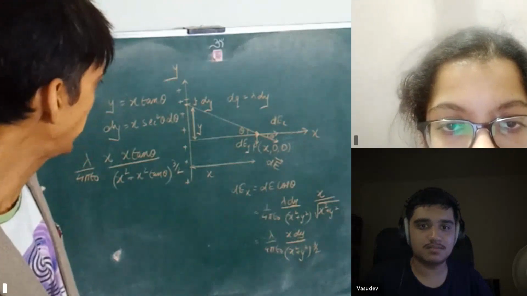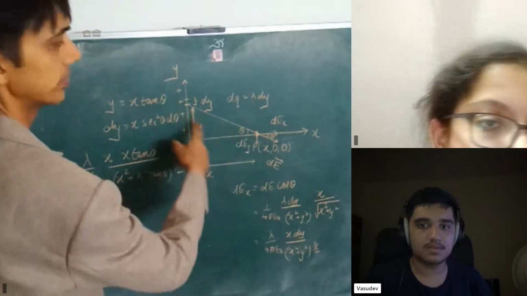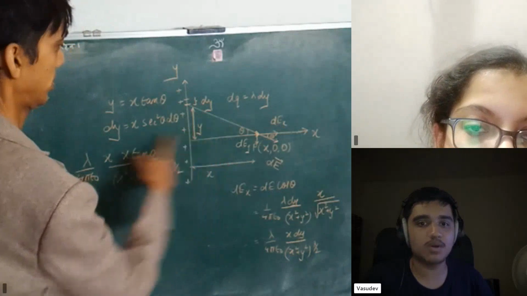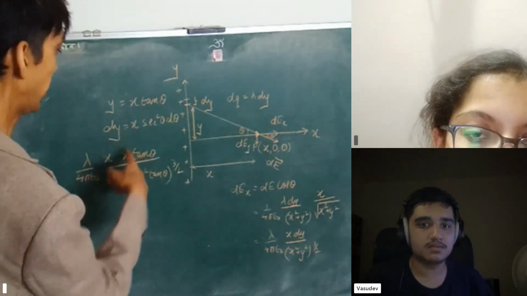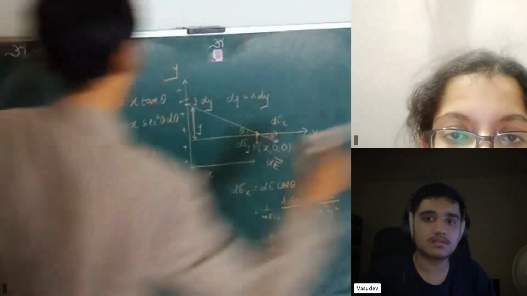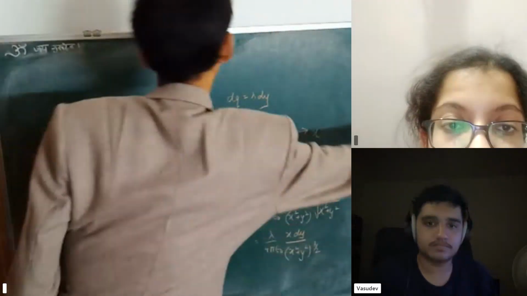Tan theta is y by x, right? Yes, but you substituted x tan theta in place of dy. It should be x secant square theta d theta. Okay, here, x sec square theta. So this should be dy: x sec square theta d theta.